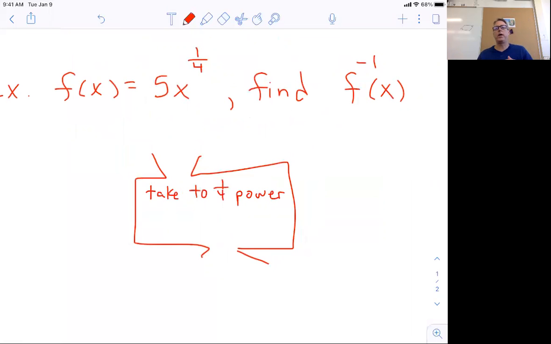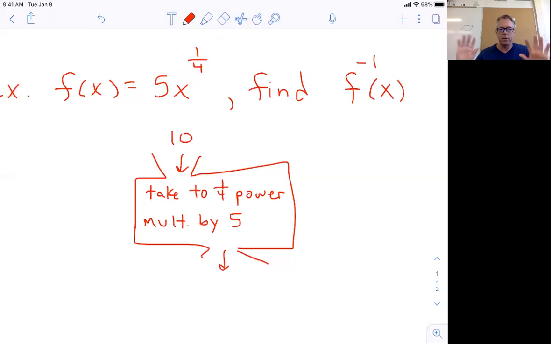Like if I say, hey guys, find f of 10, that means you're plugging 10 in for x. You'd first do 10 to the 1/4 because of order of operations. So you take it to the 1/4 power, and then you multiply by 5. If I asked you to plug 10 into the function, you'd take it to the 1/4 power, you'd multiply it by 5, and it would spit out some answer.